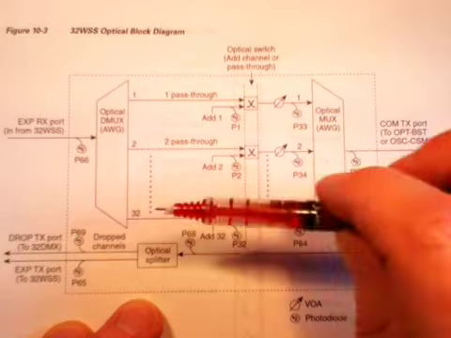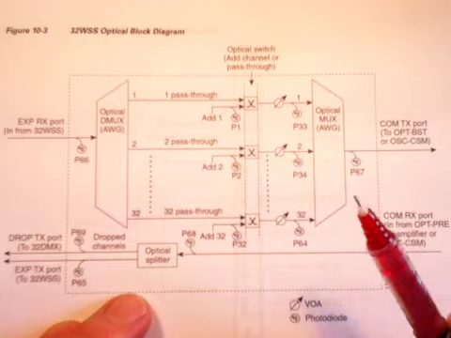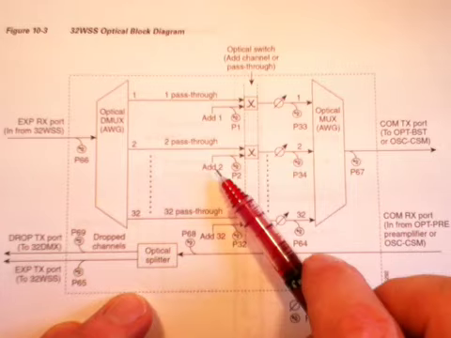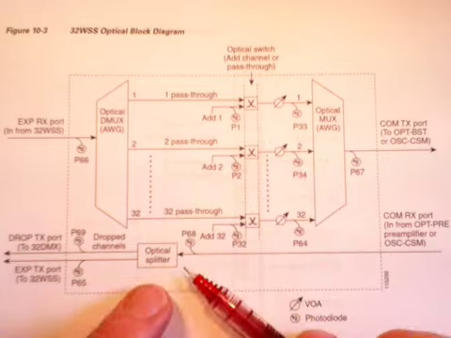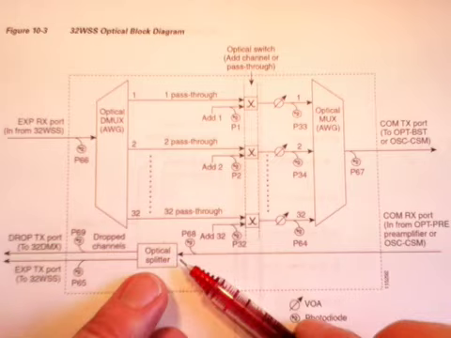That's important. Each of these cards has both a transmit and a receive section. On the transmit section, we are allowed to add channels. And on the receive section, well, it's just the other part of it. This is where we drop them.